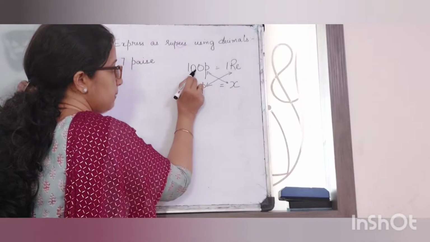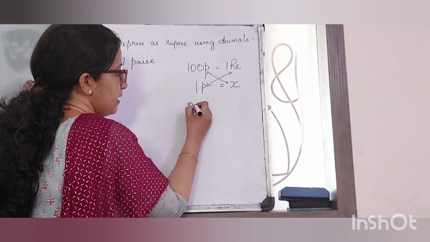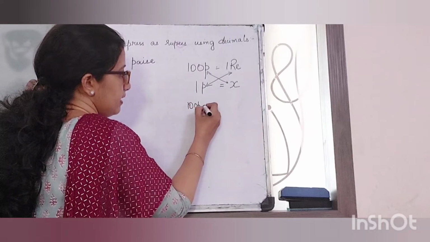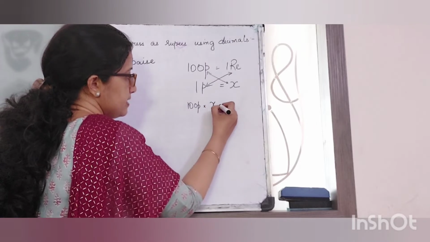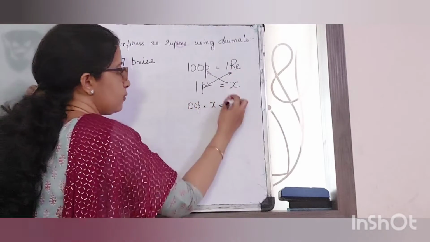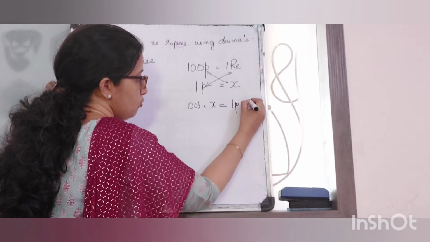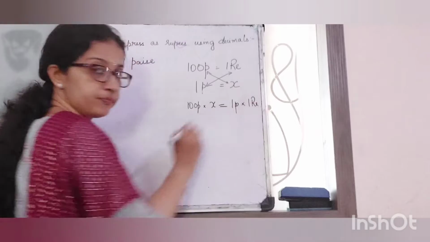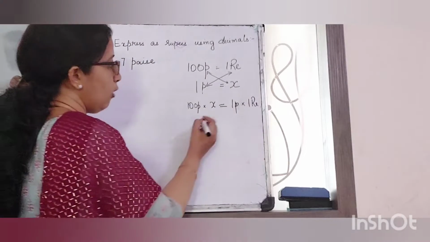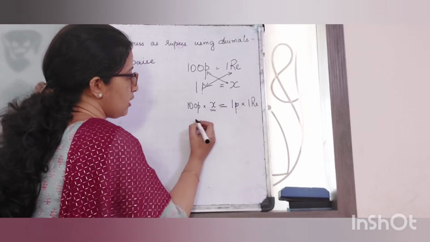You have to multiply 100 paise into x, which is equal to 1 paise into 1 rupee. Now we have to find out the value of x.